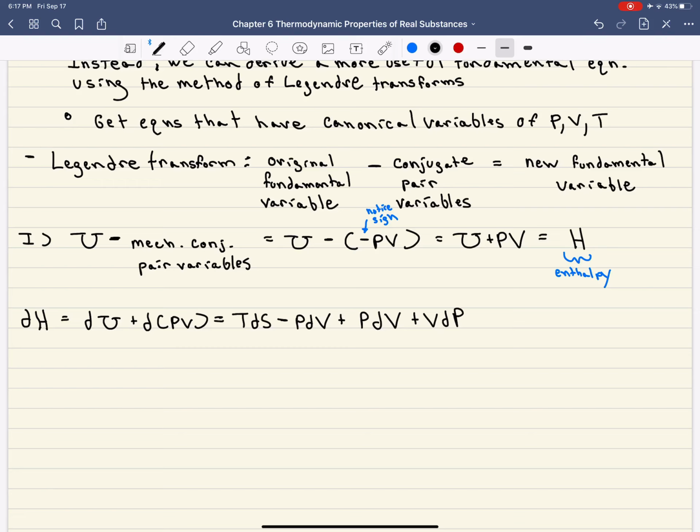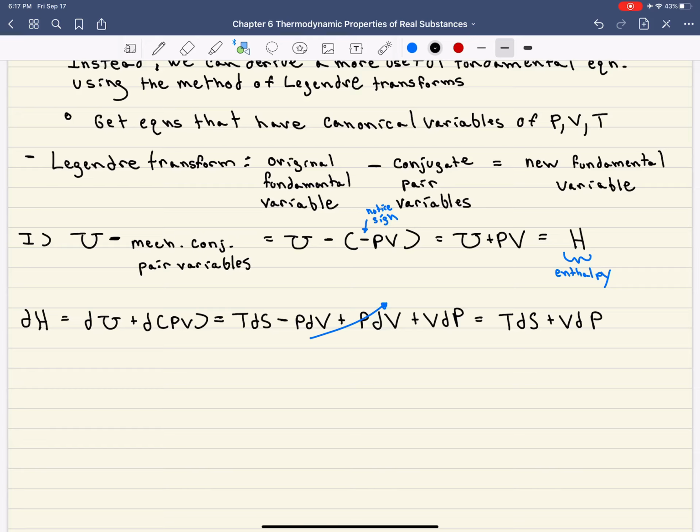So here we just apply the product rule. All right, and so we see that here we get negative P dV. Here we get positive P dV. These cancel. And what we're left with is that the fundamental equation for enthalpy is just equal to T dS plus V dP.